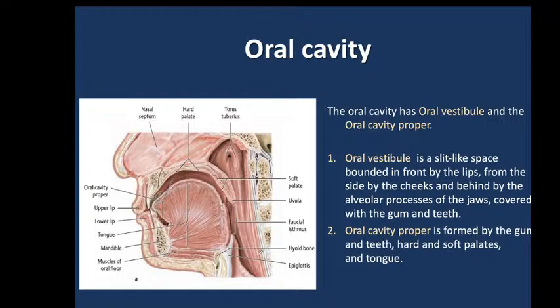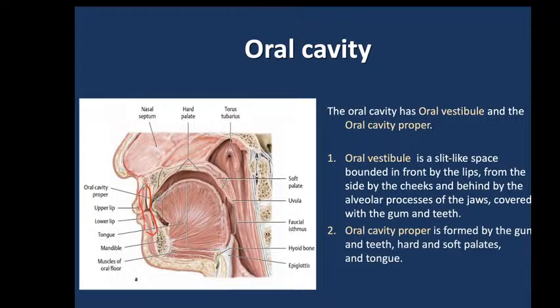And the oral cavity has two parts. The first part we call the oral vestibule. It is a slit-like space. Here I can show you this part.